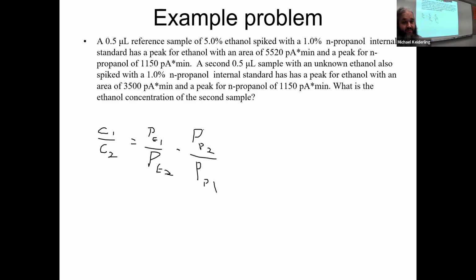And the way you'd end up doing this is that concentration 2 is concentration 1 times peak of ethanol 2 over peak of ethanol 1 times peak of propanol, peak of the standard.